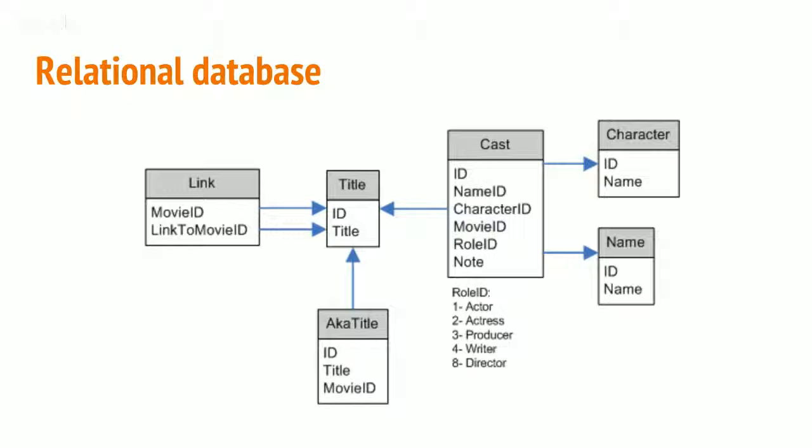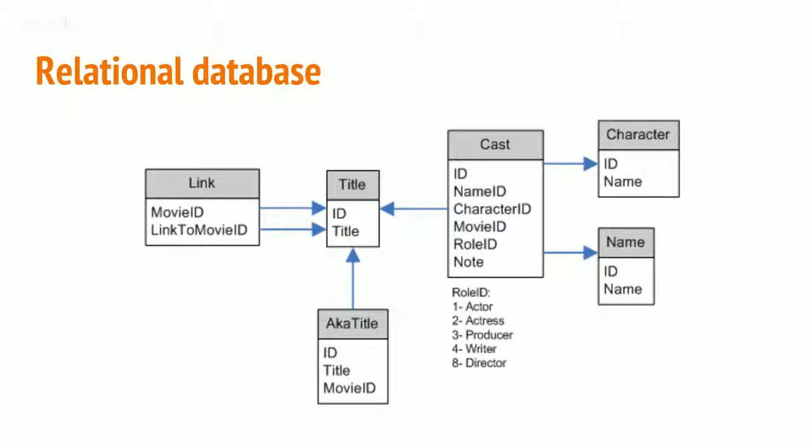We can see there are many individual tables such as character, name, caster, link, and title, and each table has data connected to other tables, and the tables are connected by IDs.